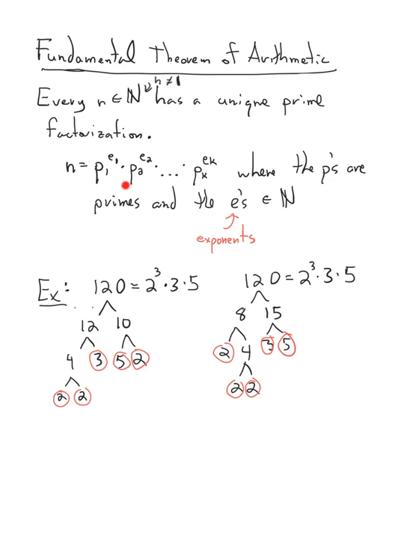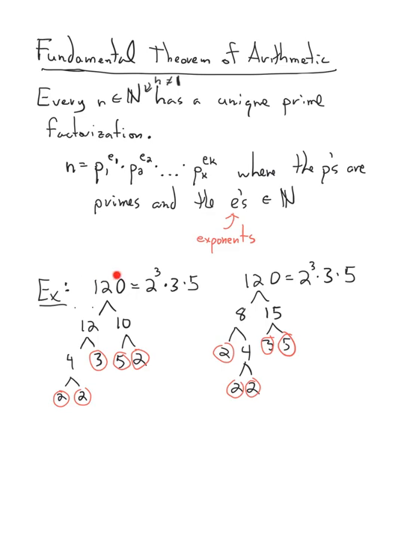So we're thinking of the p's here as all of the primes that make up n, and e's as the number of those primes that you need to multiply to get n. So let me show you an example why this is true and then how this notation works.